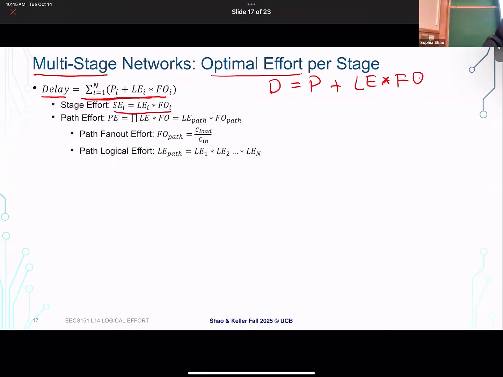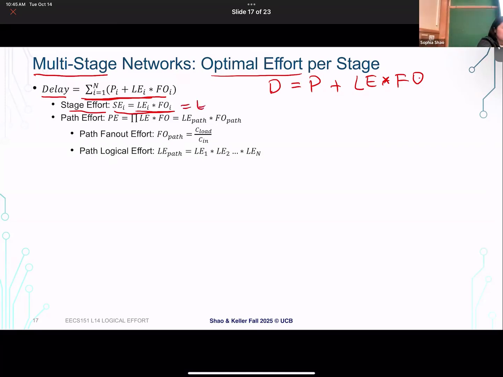Here there are different terms for it. Basically, this is the weighted fan out, right? So instead of just fan out as it is, we're weighting it using the logical effort because different gates add a different layer of complexity, right? So here people call it stage effort because it talks about the overall effort of this particular stage.